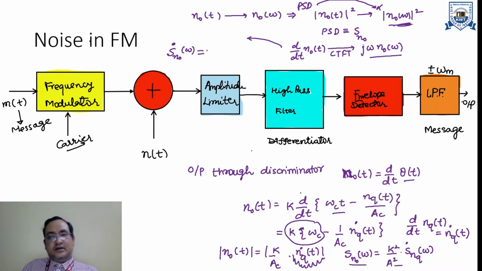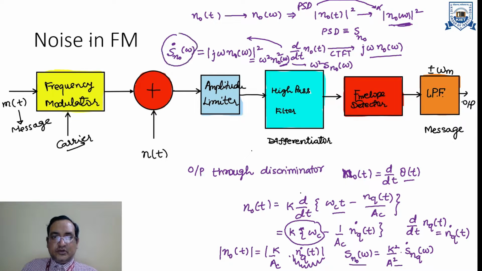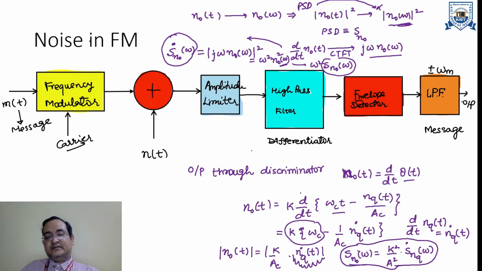So this is mod of j omega times N_o(omega), squared. So it will be omega square N_o(omega) square, that is, omega square into S_no(omega). Point to be noted, this is S_no dot(omega) and this is S_no(omega). That's why I have mentioned this expression, because this is the property of the CTFT. So you have to apply the CTFT property for this expression.